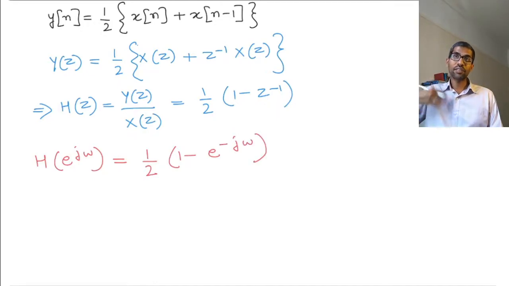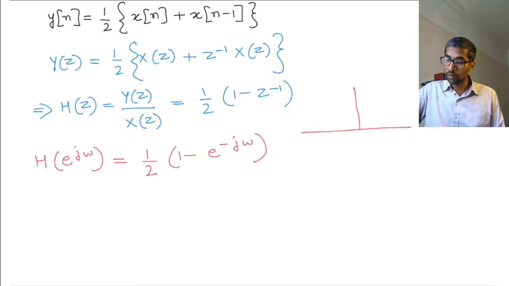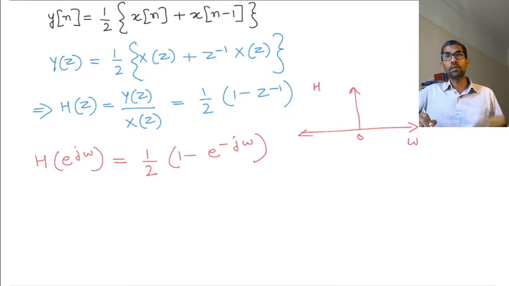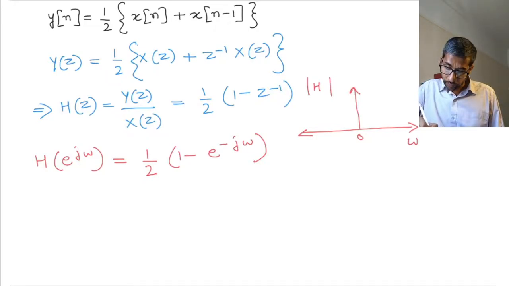Now let's simplify this so that we can actually plot it. We want to draw a graph with omega on the x-axis and, on the y-axis, mod H, which gives the magnitude response.